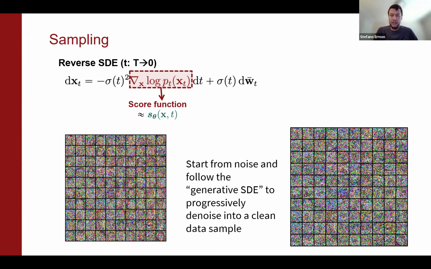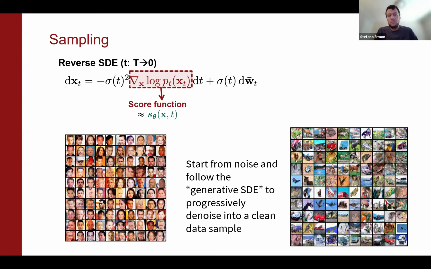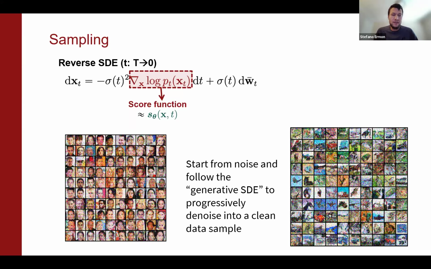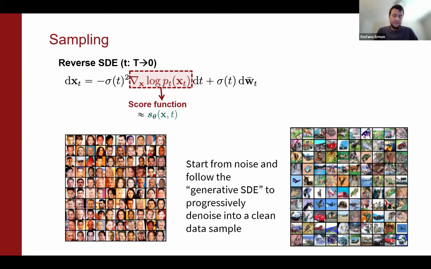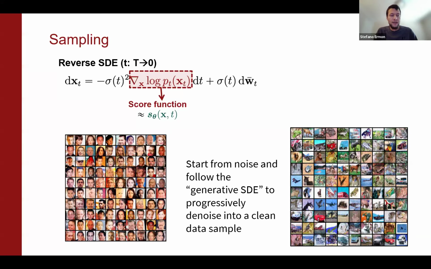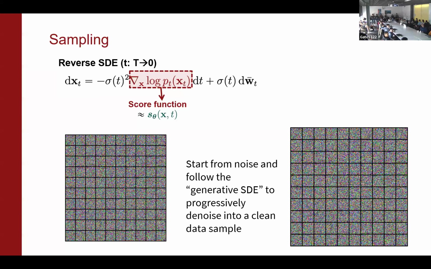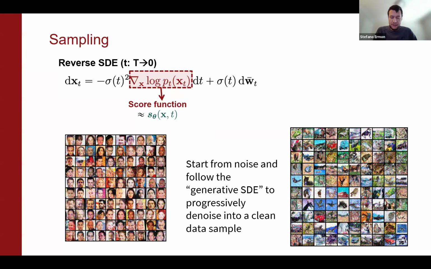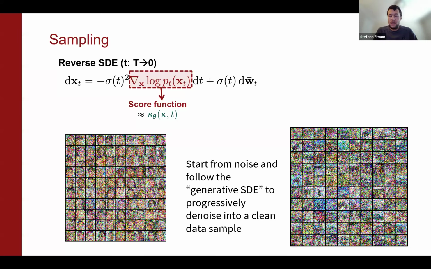We were actually doing more like MCMC. Equivalently, you can think of it as a different kind of solver for the SDE, a Langevin dynamics kind of thing. And that's the first paper that showed that score matching can be used, and you can get high quality samples on images.